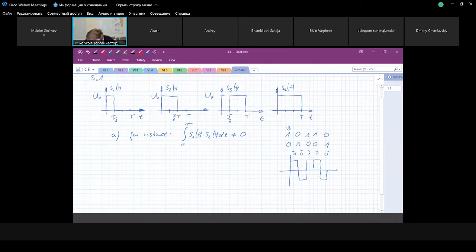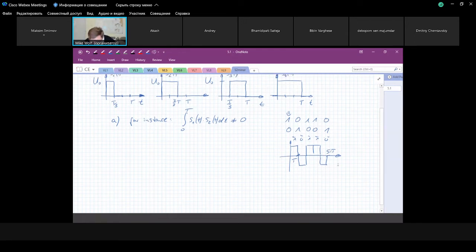So this is T, and then this would be your modulation interval, but because your code words have a length of 5, this would be 5 times capital T. And then it depends on the number of code words. Another code word would be this one, and then you would transmit this signal, of course, and this is again 5 times capital T.